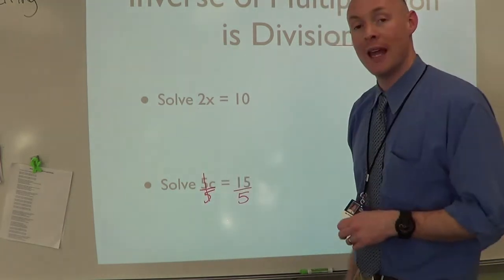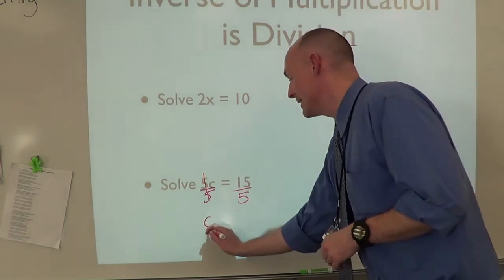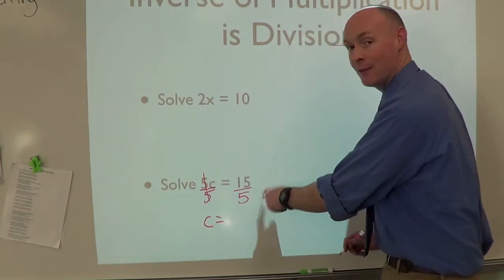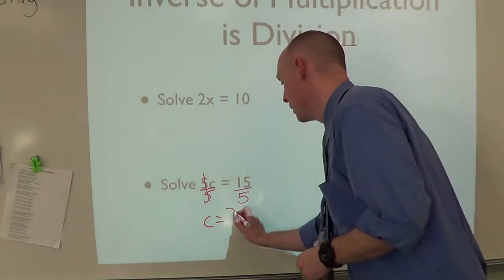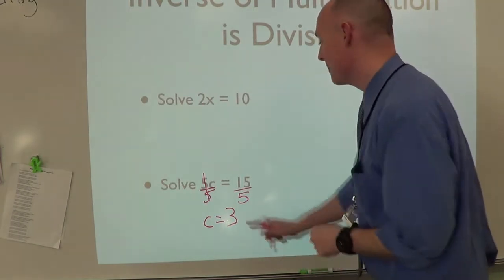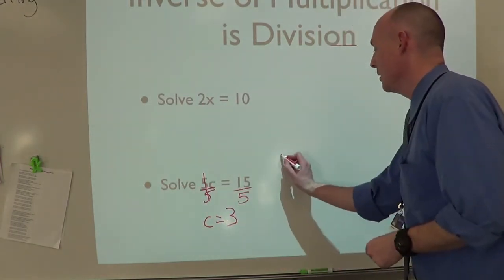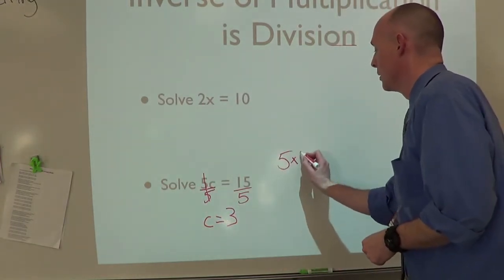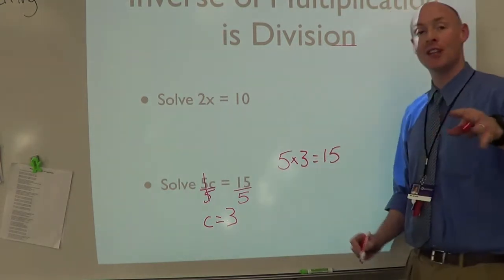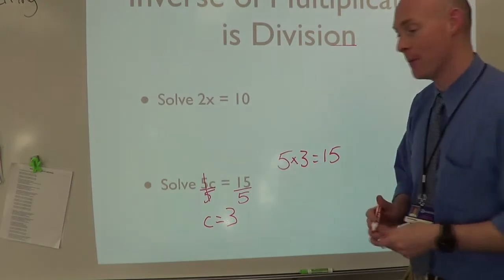These 5's will cancel. We're left with c equals 15 divided by 5, which is 3. I think it's right. The only way to be sure, double check it. 5 times 3 equals 15. Is that a true statement? It is. We're good to go.